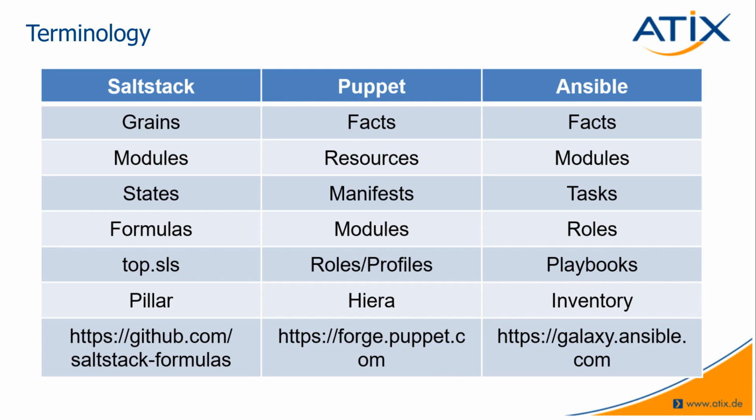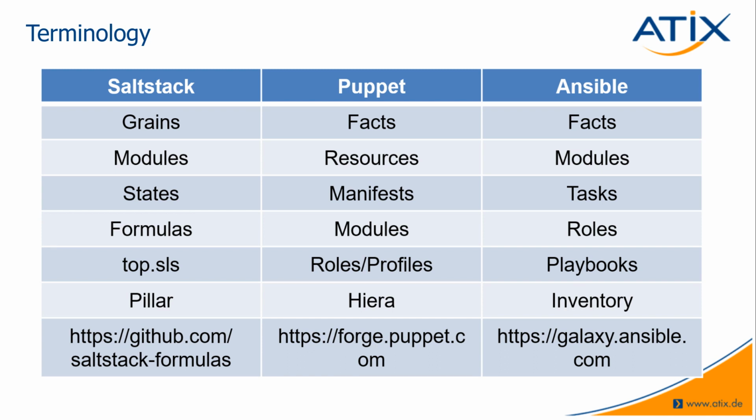Then you can start combining your modules and forming a state. A state does what it says: the state defines the state your server is supposed to be in. Then you can combine states and make your configuration more readable by creating formulas consisting of states. Assigning your states and formulas to servers you do with the so-called top SLS.